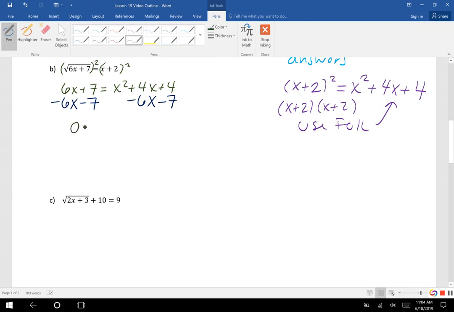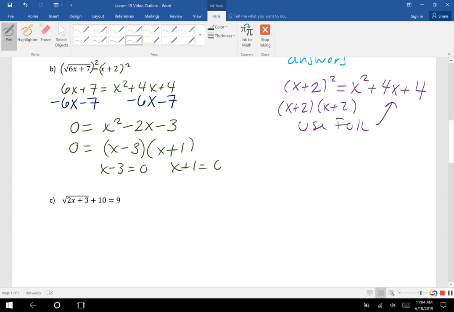So now I've got 0 equals x squared minus 2x minus 3. And this one we can factor. I know that 3 times 1 is 3, and if I make it a negative 3 and a plus 1, that does add up to negative 2. So then I set my factors equal to 0. I end up getting x equals 3 and x equals negative 1.